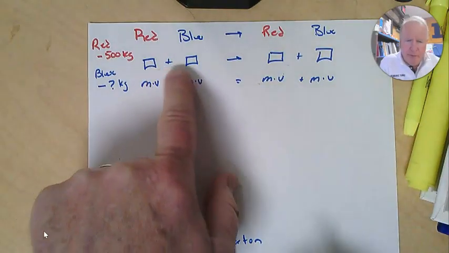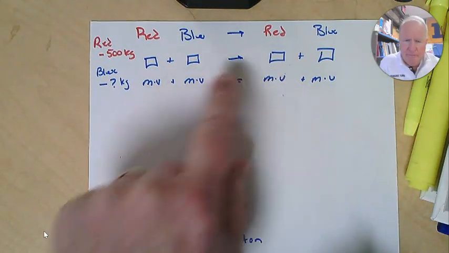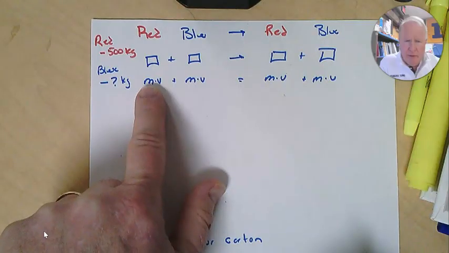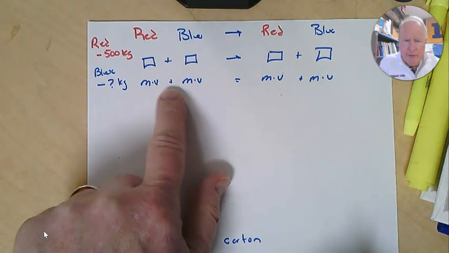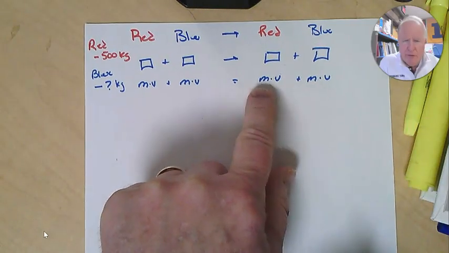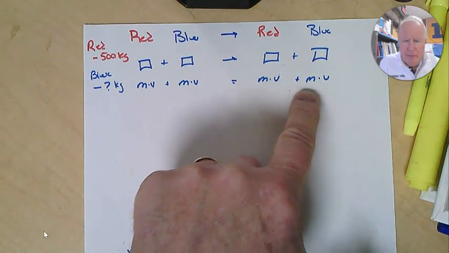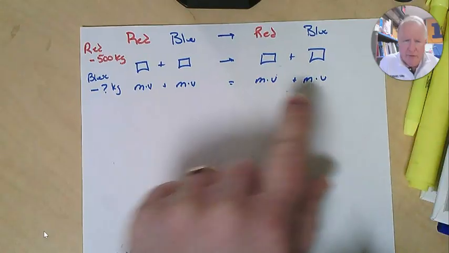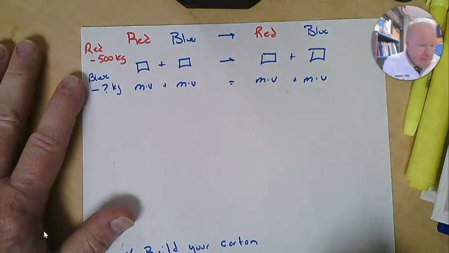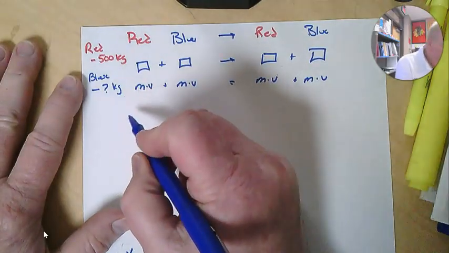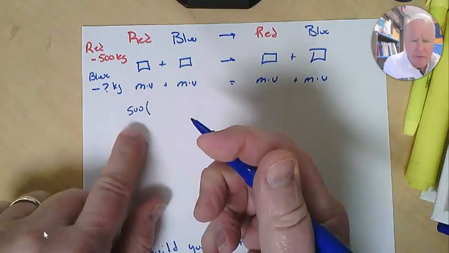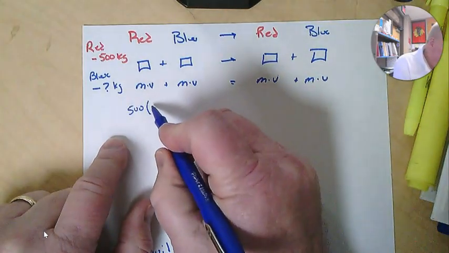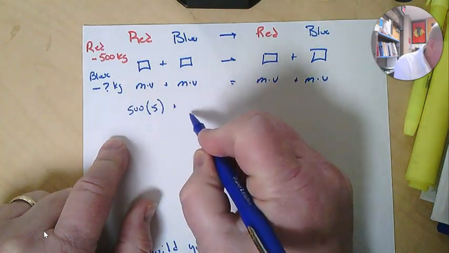So what I did was I set up our squares just like we learned how to do. And then we said, well, the squares represent momentum. So mass times velocity plus mass times velocity should equal the mass times velocity plus mass times velocity after the collision. I have 500 here. They're going to have to give me a velocity. So maybe they'll give us a velocity of 5 plus.